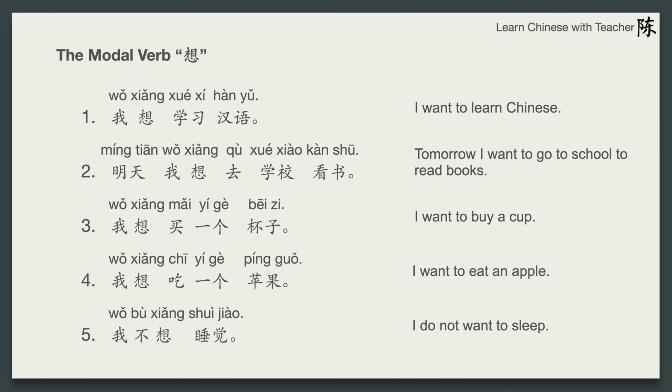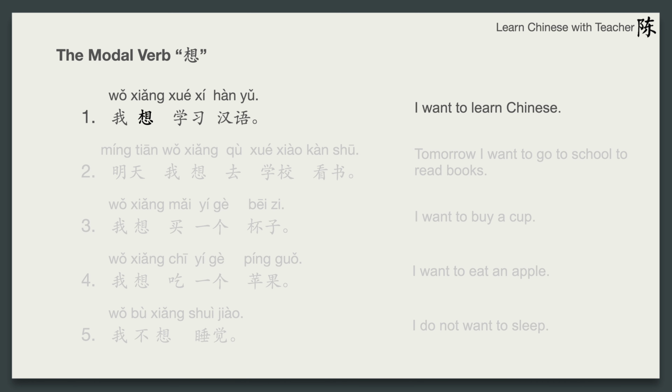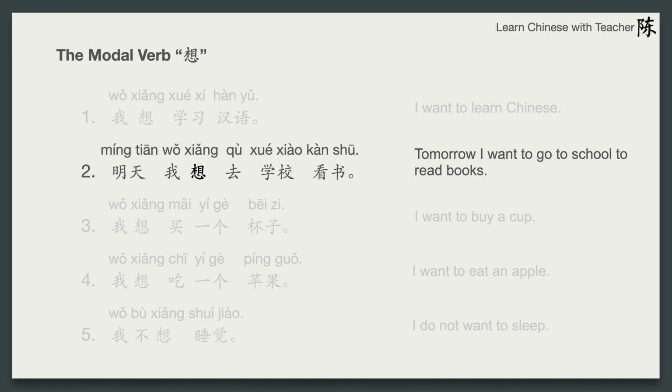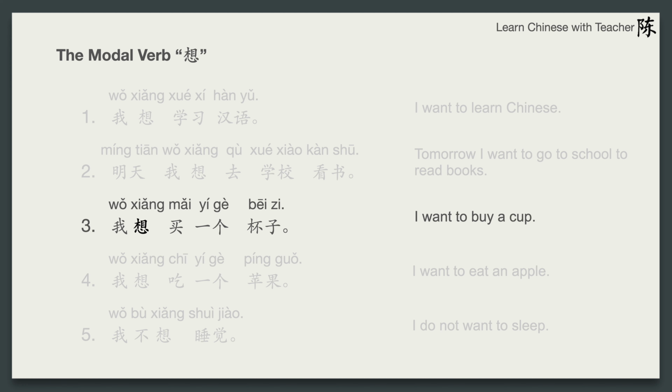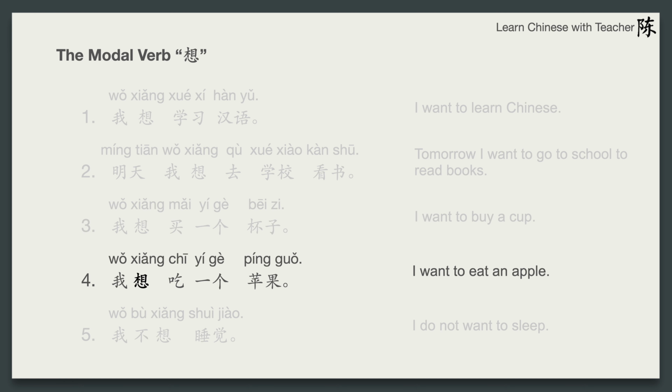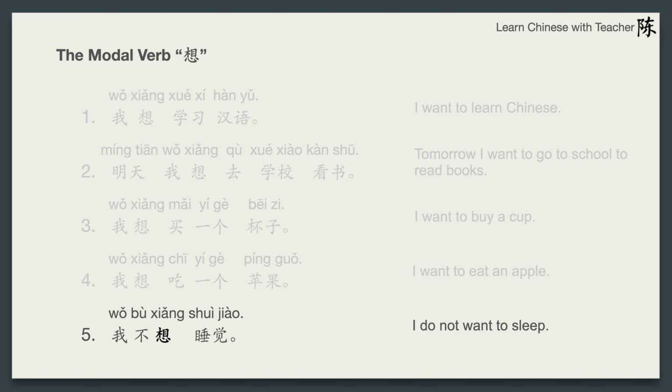Now, let's learn the modal verb 想。请跟我读这些句子。我想学习汉语。明天我想去学校看书。我想买一个杯子。我想吃一个苹果。我不想睡觉。We have 2 new words here. 苹果 means apple. 睡觉 is a verb, means to sleep.